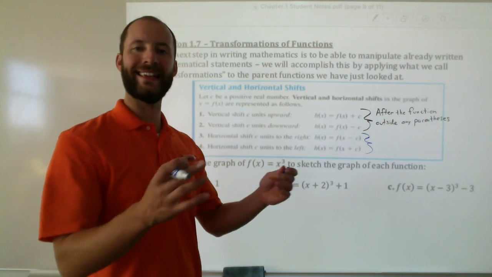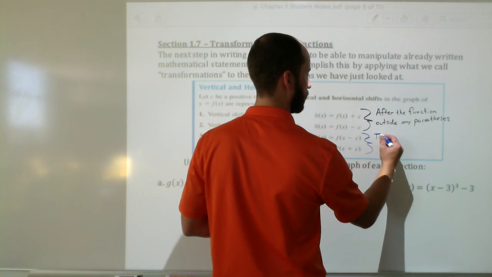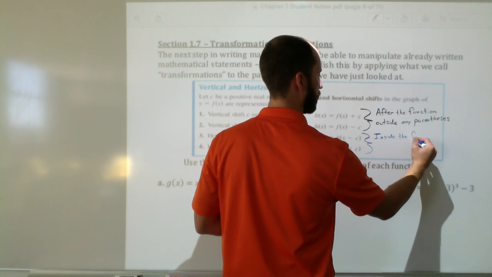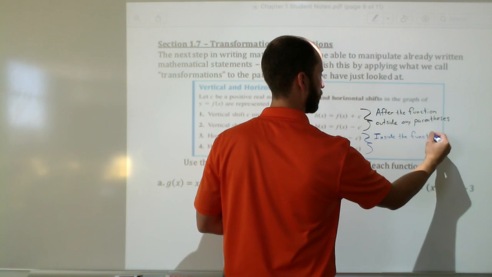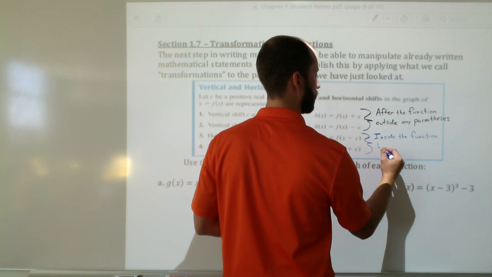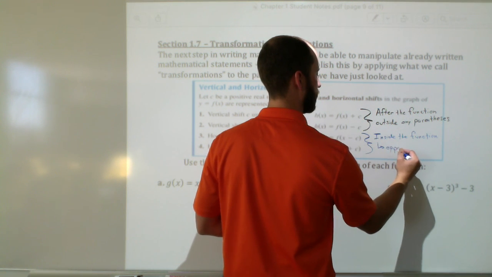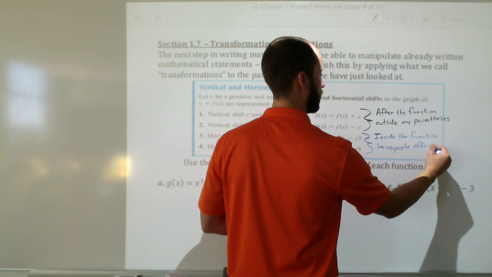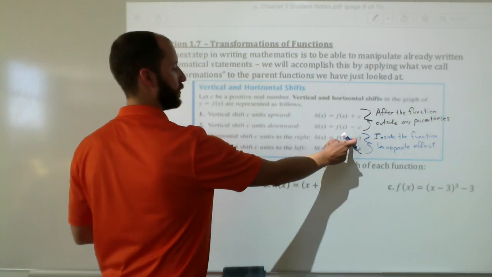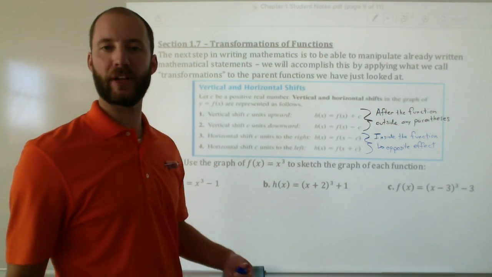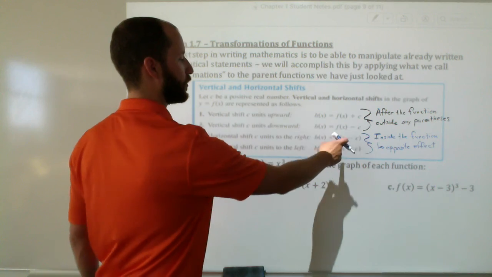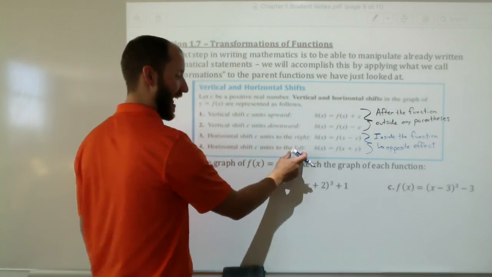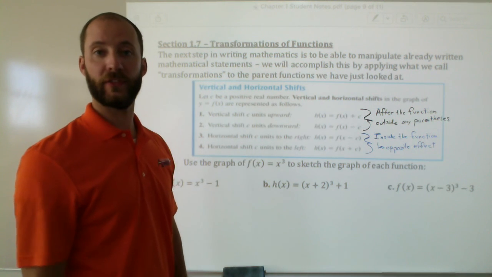So when you see it inside the function, there's an opposite effect. If you subtract c inside the parentheses, inside the square root, the subtraction actually shifts it to the right. The addition actually shifts it to the left.